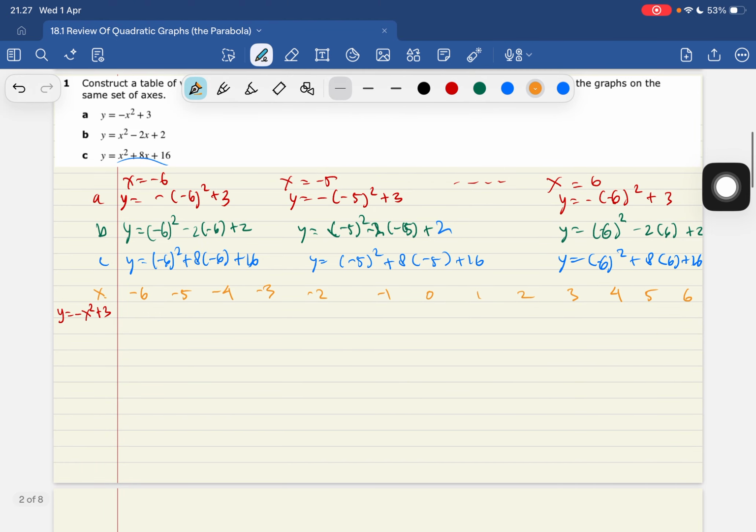Let's separate each value to construct a table, from -6 until 6.